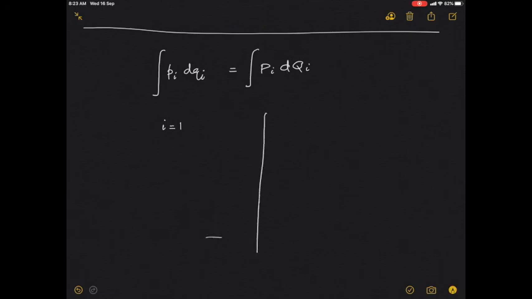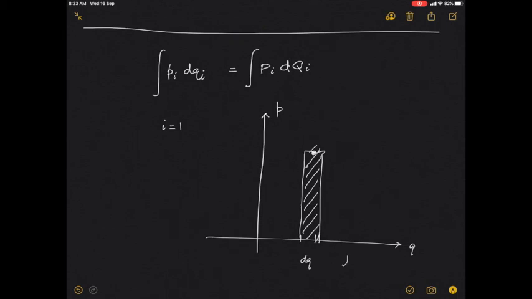Well, just consider that i equals 1 for the time being, which means I can now draw the phase space over here. So I have only one Q and only one P. So I have a value of P here at a certain time, and I consider a delta Q or dq.